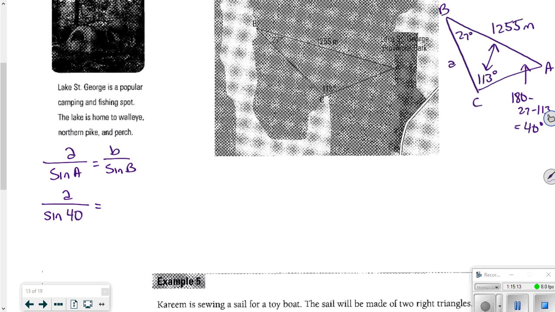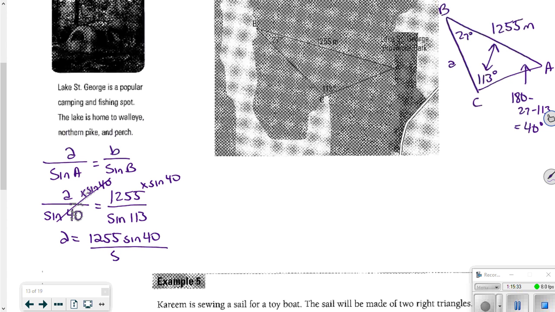The side that we know is the 1255 divided by the angle across from it, so sine of 113, times sine 40 on both sides. A is 1255 sine 40 over sine 113.